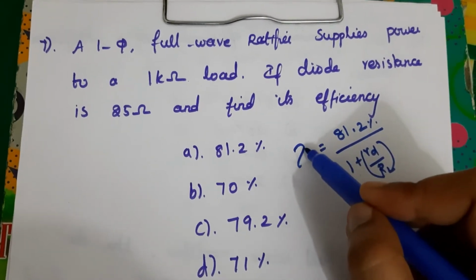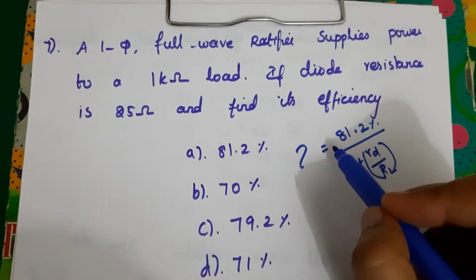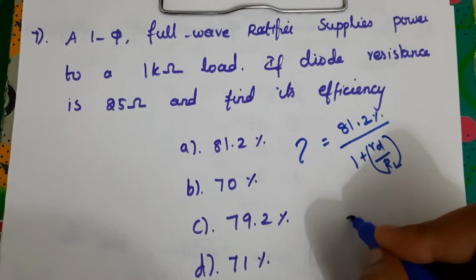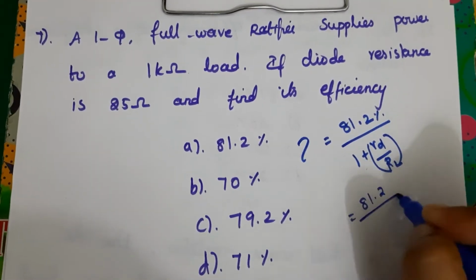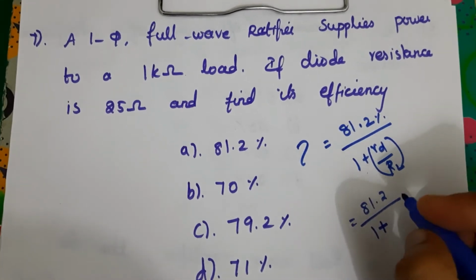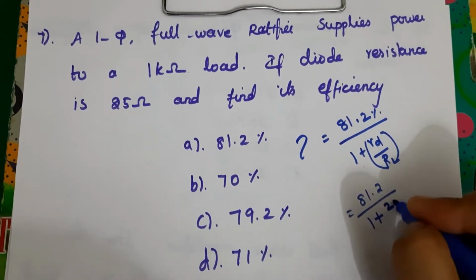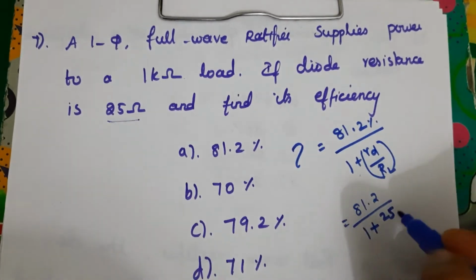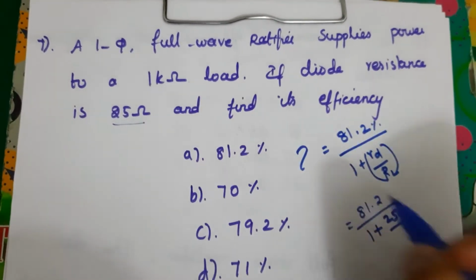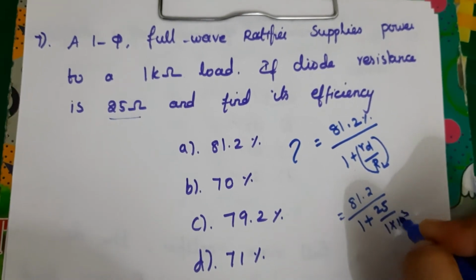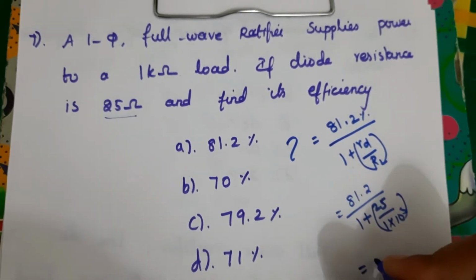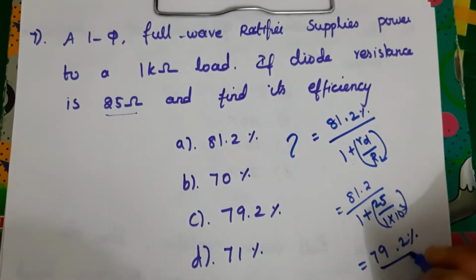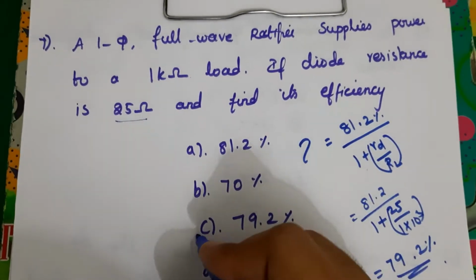So the efficiency of a full wave rectifier is always less than 81.2 in practical cases. Put all the values: 81.2 divided by 1 plus, here RD value is 25, diode resistance is 25, and load resistance is 1 kilo ohm, so 1 into 10 to the power 3. Solving this, we will get 79.2%. So here the answer is C.